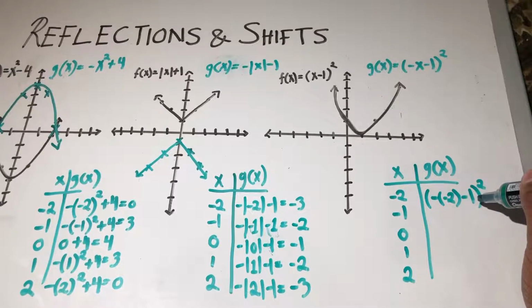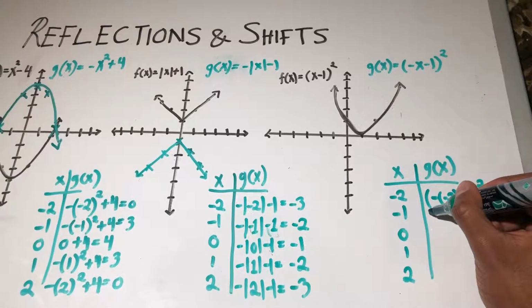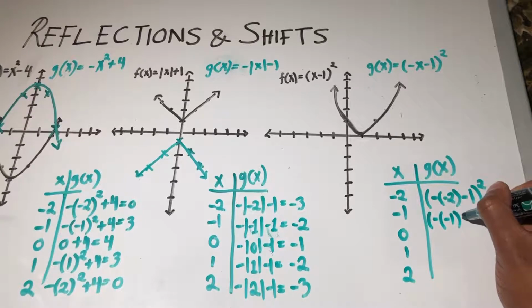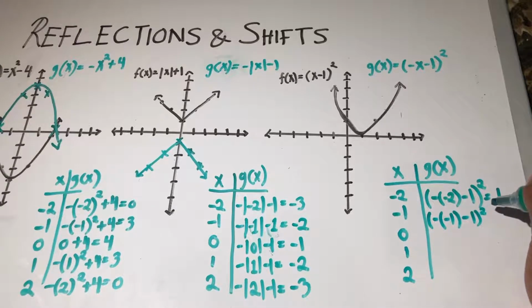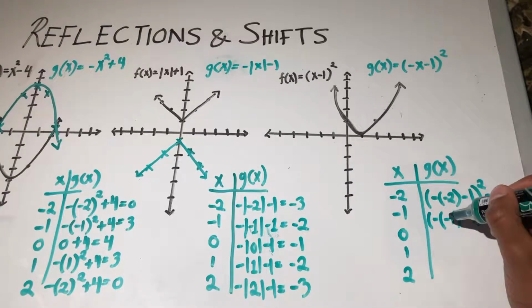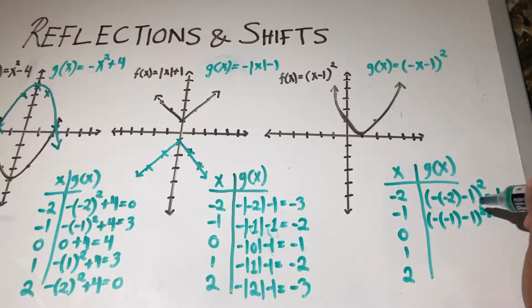So 2 minus 1 is just 1. And then 1 squared is just 1. Now we have -1. So -(-1 - 1) squared. Negative times negative is positive. So that's 1. 1 minus 1 is 0. And then 0 squared is just 0.